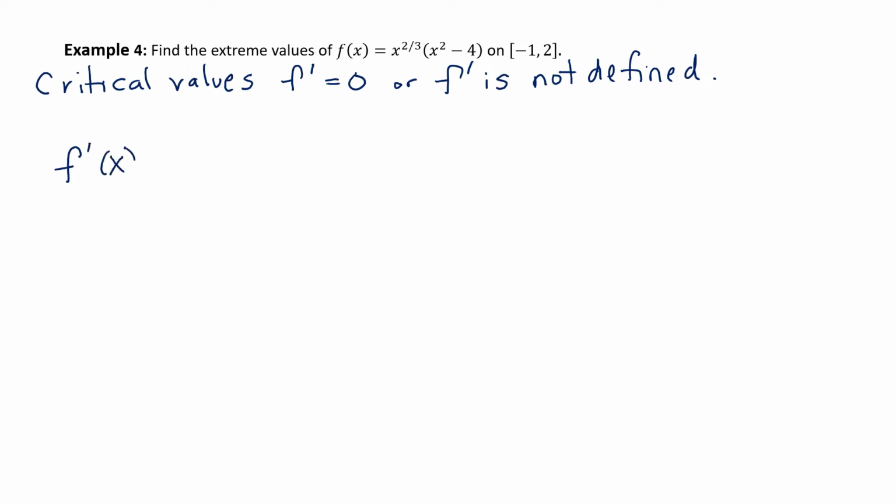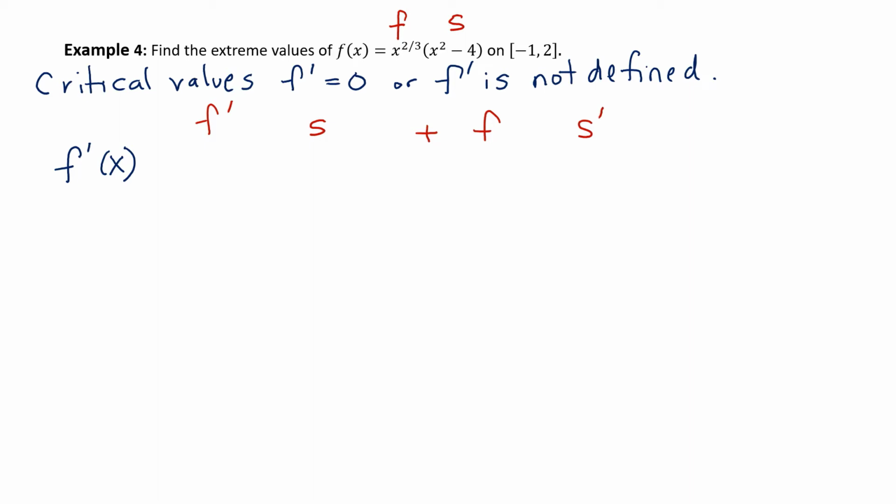f'(x). Let's observe that we have a product function, a first function times a second. In finding the derivative, the product rule says you take the derivative of the first, multiply it by the second, add it to the first function times the derivative of the second.